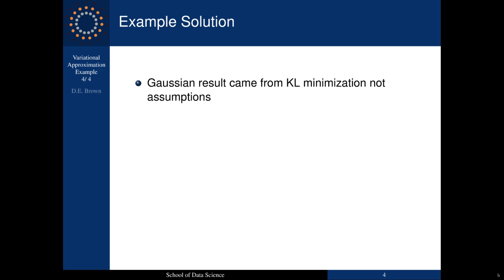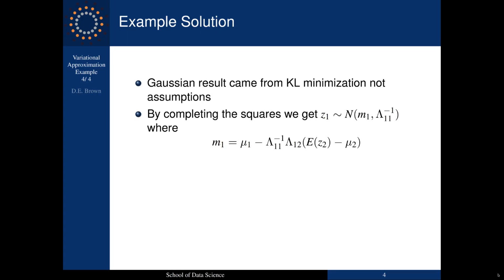So note that this Gaussian result came strictly from our result before, which was for Kullback-Leibler minimization or ELBO maximization, and not from any other assumptions. So this is kind of a neat result. By completing the squares, we see that we get these Gaussians for both z1, where the mean for z1 is shown as a function of the original mean mu1 and the components in the precision matrix.